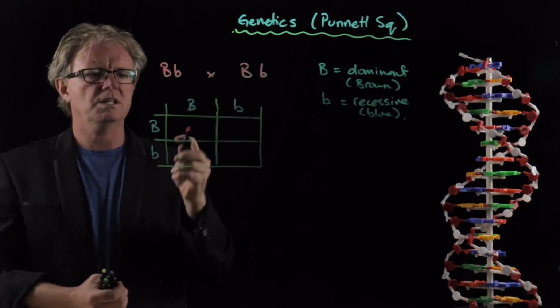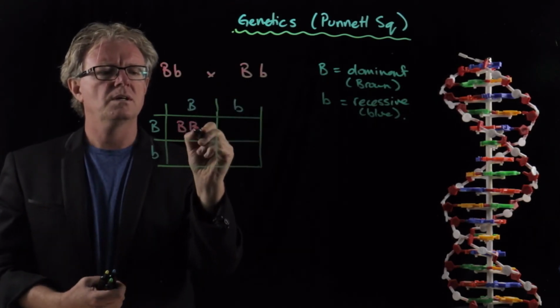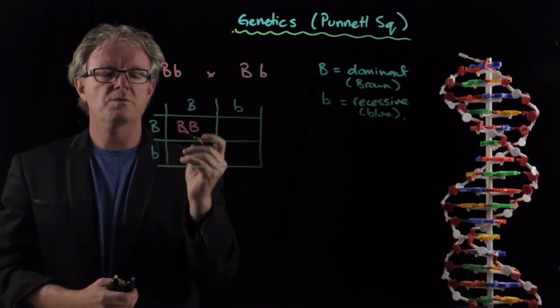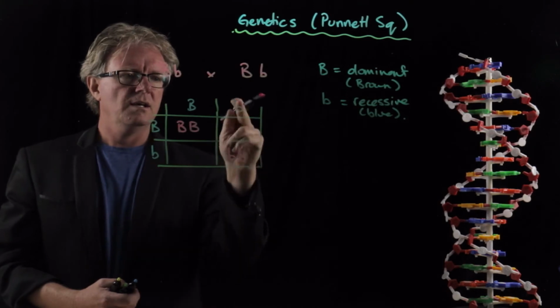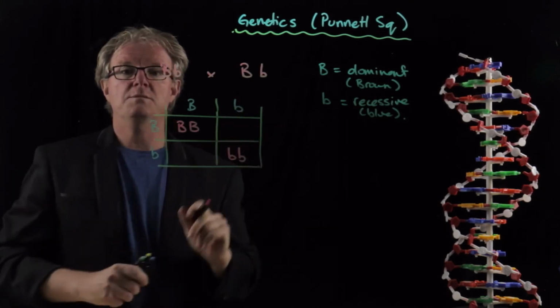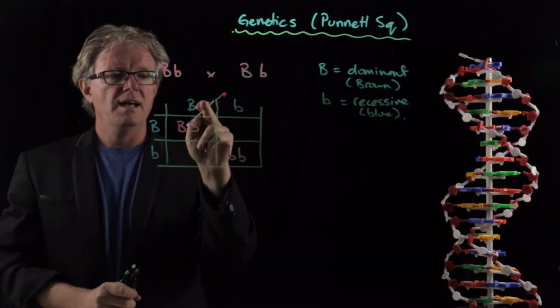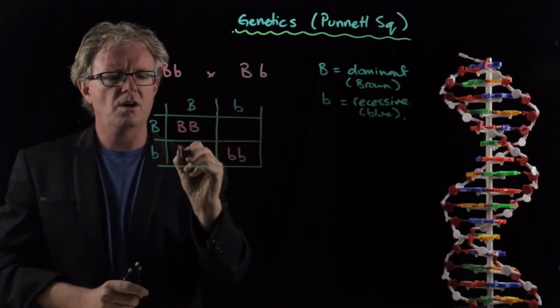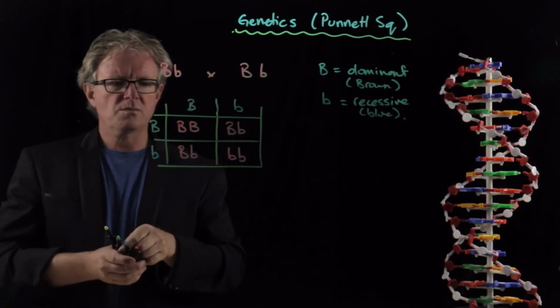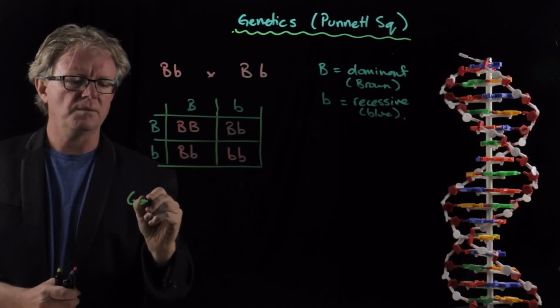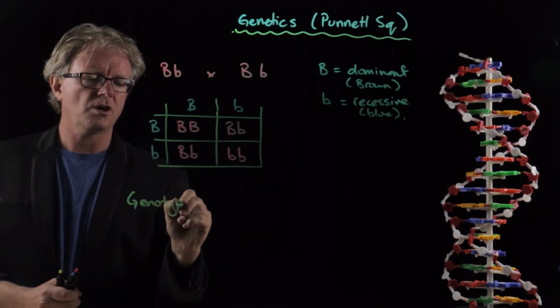And when we do the cross here, we end up with two capital B's, so homozygous dominant. We have two lowercase b's, so homozygous recessive, and then of course we have two lots of the hybrid. So let's look at what happens here. In terms of our genotype, what have we got?